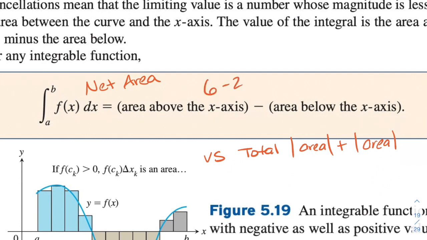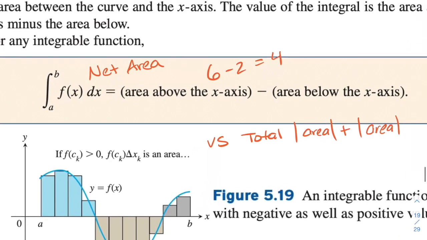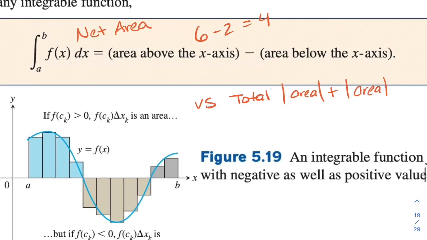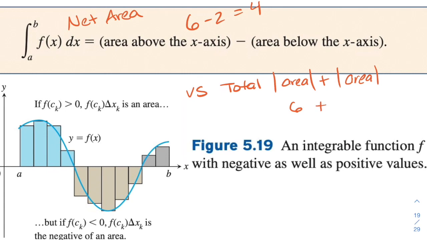So let's say you have 6 minus 2. Well, that's 4. So that means that you had 6 units above the x-axis, 2 below that, so you get a net area of 4. Where if you want total area, if I use the word total, then you want to do 6 plus 2, right? Or in this case, absolute value of 6 plus the absolute value of negative 2. So 6 plus 2 is 8.